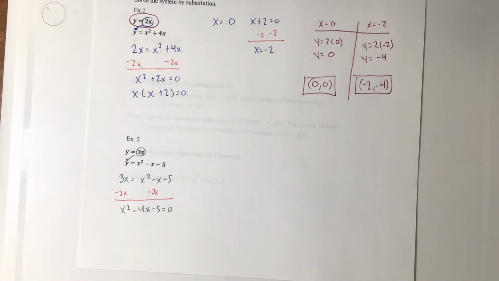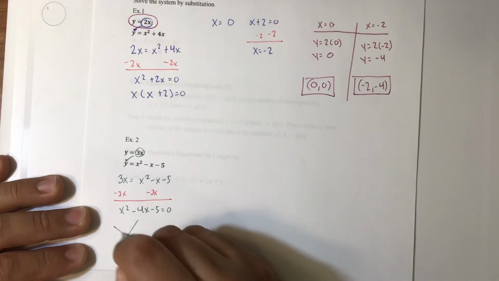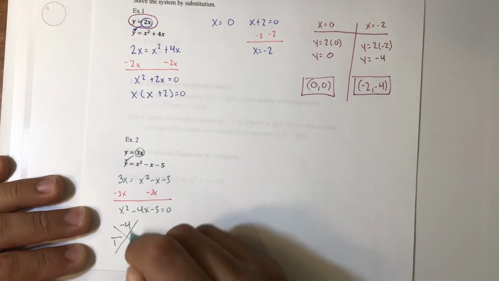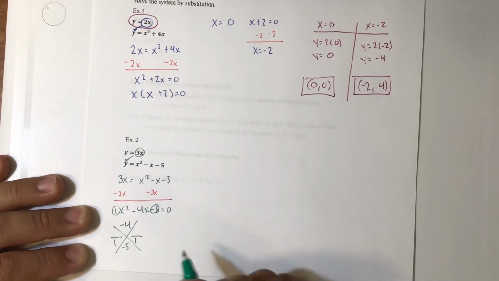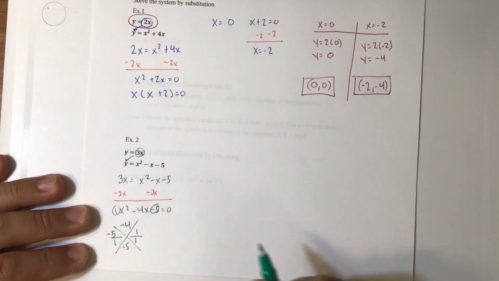This one, I'm gonna have to do the x method. I'm gonna try to factor it. If factoring doesn't work, then I have to do the quadratic formula or completing the square. But let's go ahead and try the x method. So b is -4, a is 1, a times c is -5. So my factors would be 5 and 1, and since it's -4, it's gonna be -5.